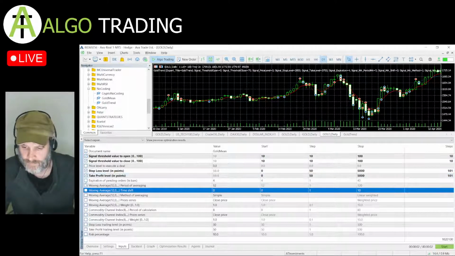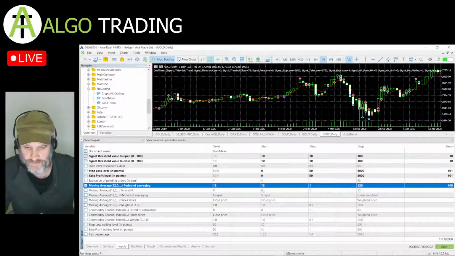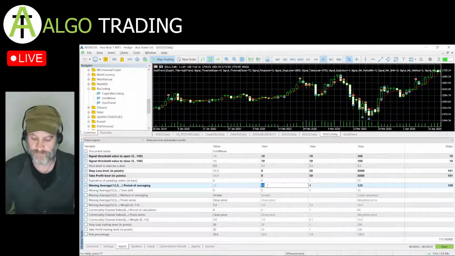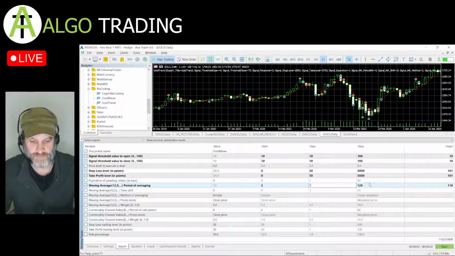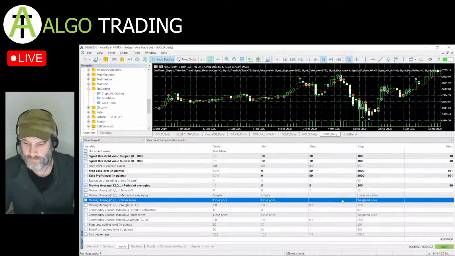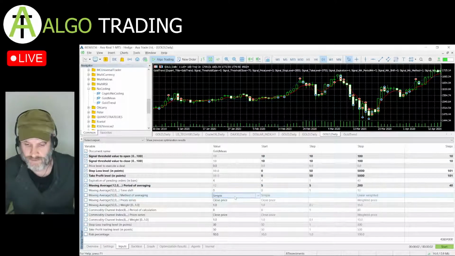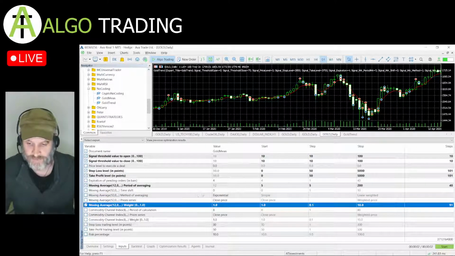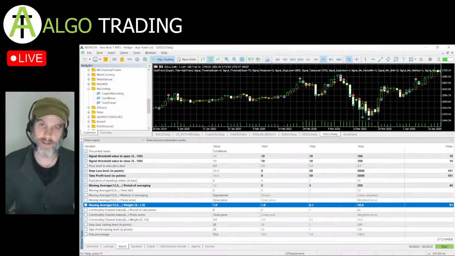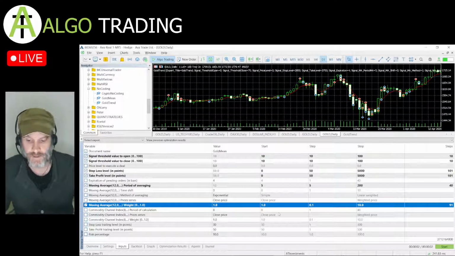Okay, and leave that. Moving average period, we're also going to start at 5, go in steps of 5, and go to 200. We're going to use exponential moving average, close price. Now we have to do something with the weighting because we've got two indicators.